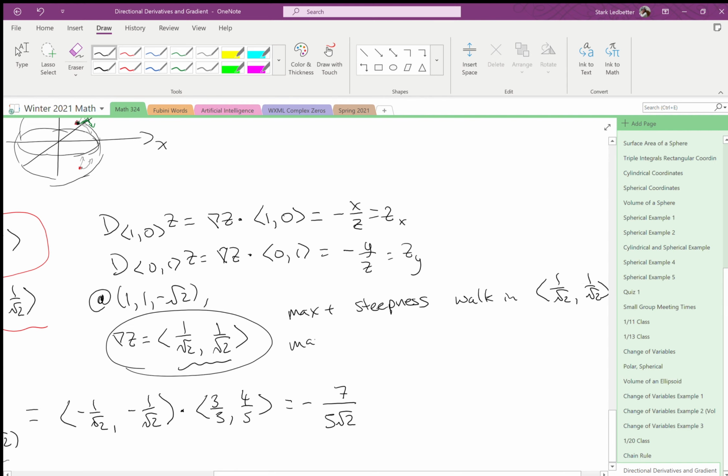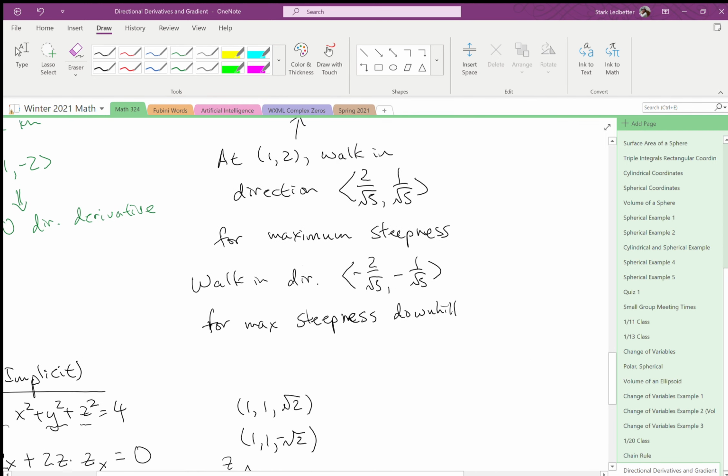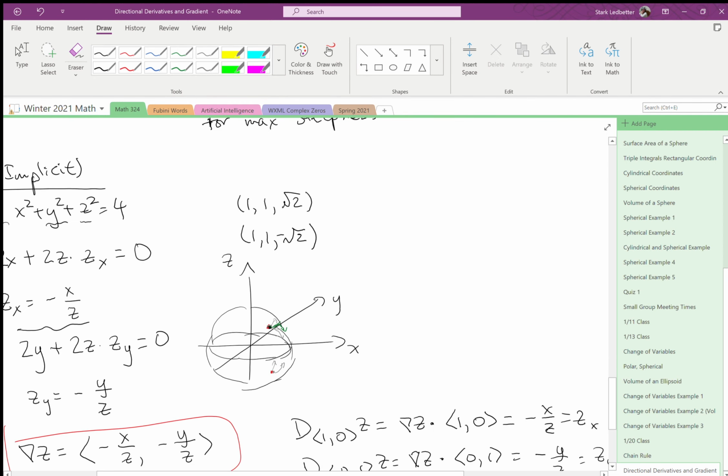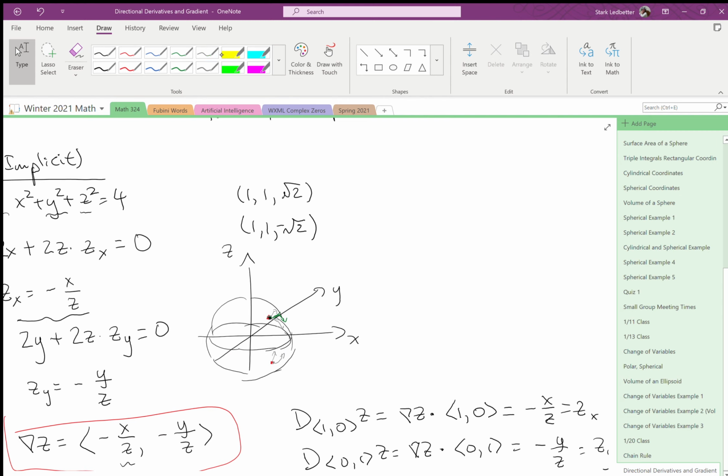And then for maximum negative steepness, I walk in the opposite direction, negative 1 over root 2, negative 1 over root 2. So let's see what's happening on the sphere. If I walk in basically the same direction in the x and the y, I go either down really quickly or up really quickly.